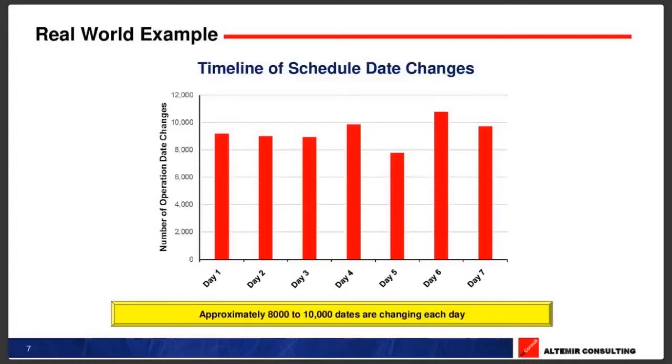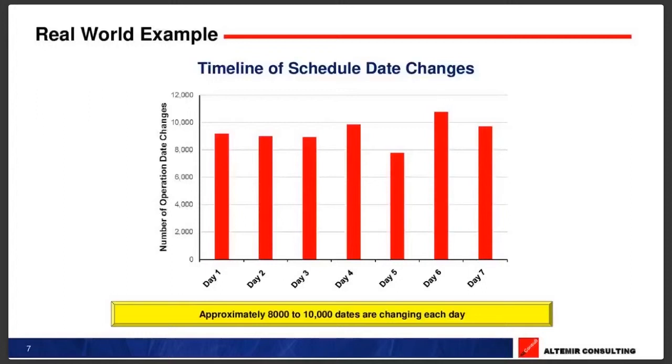This accounted for about 30% of all the manufacturing activity in their system. What's more is that the company had no idea that there was this level of change activity. They knew dates were changing, but they didn't realize it was this significant. And this, by the way, is not the worst example I've ever seen.